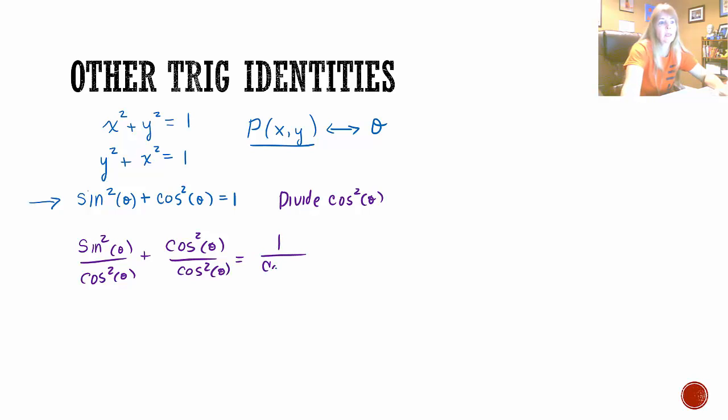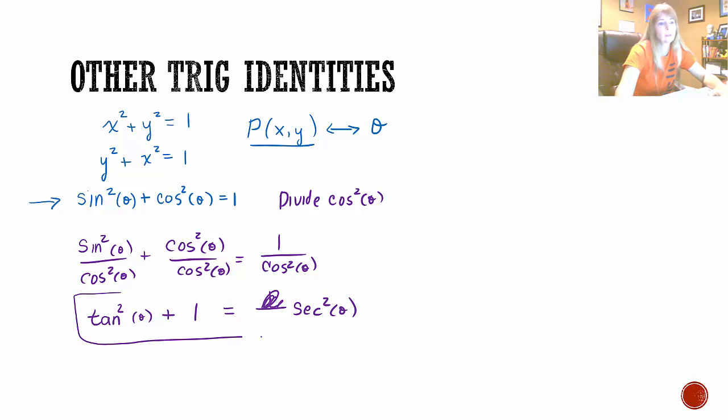If you do the same thing to every single term, you didn't change the equation. Do you remember what sine over cosine is? An identity we just learned. That's tangent, but in this case, tangent squared. Cosine squared over cosine squared is 1. And do you remember 1 over cosine? Secant. So that's secant squared theta. Based off of my reciprocal identities, I can come up with another trig identity.